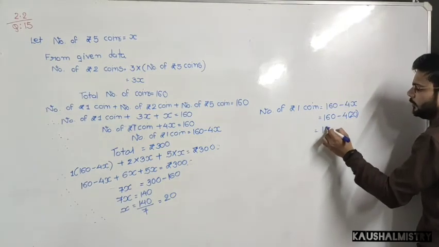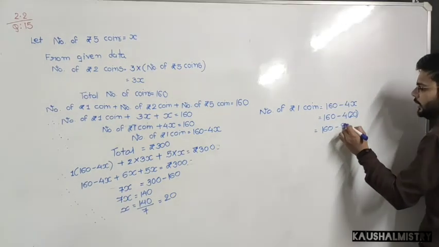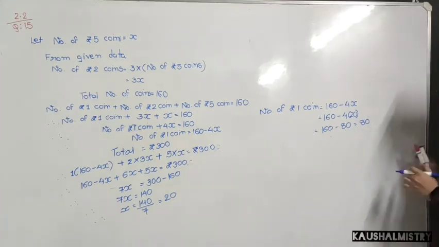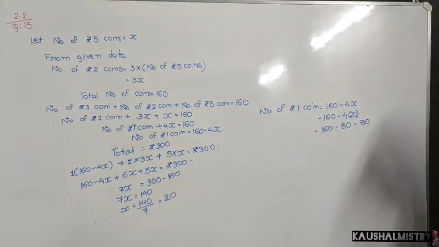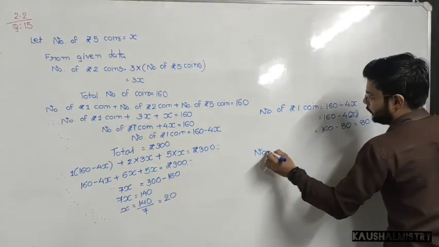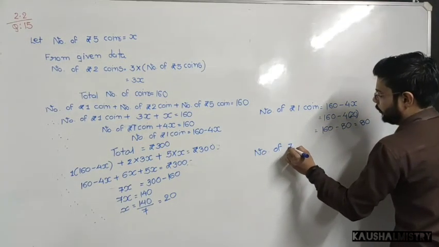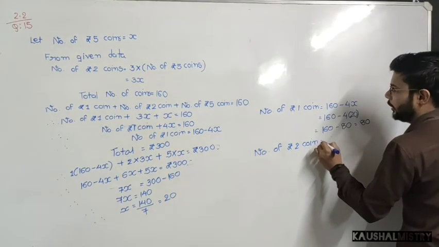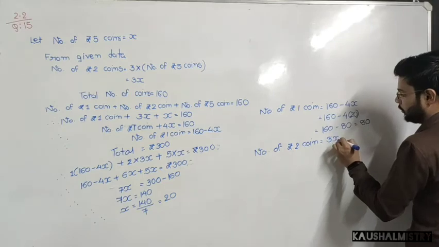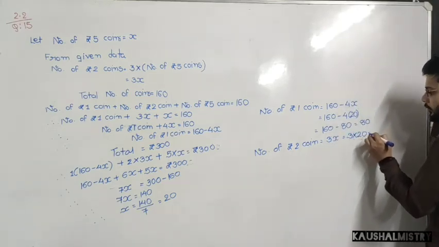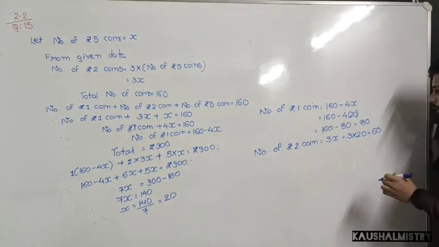So this will be equal to 160 minus 80, so 80 coins of 1 rupee. Now number of rupee 2 coin is equal to 3x, 3 multiplied by 20, so this will be equal to 60.